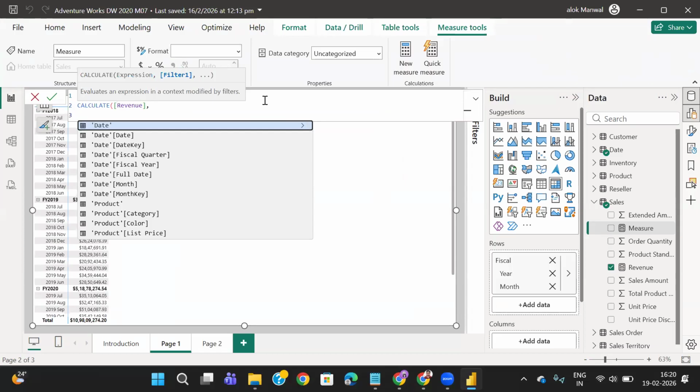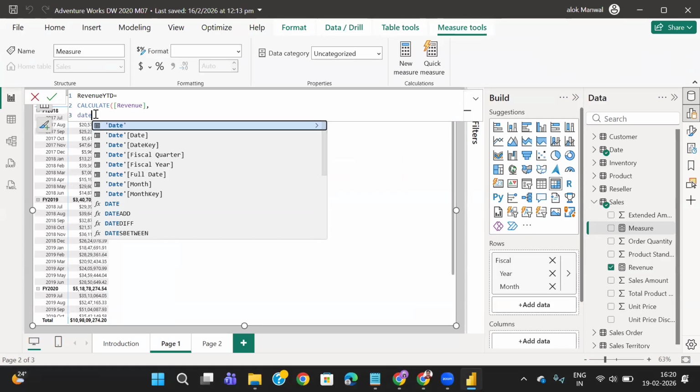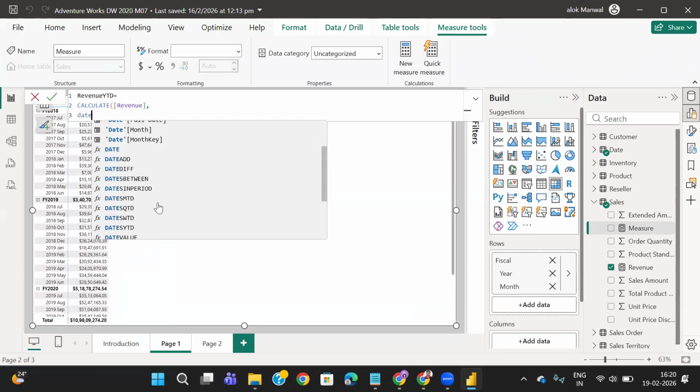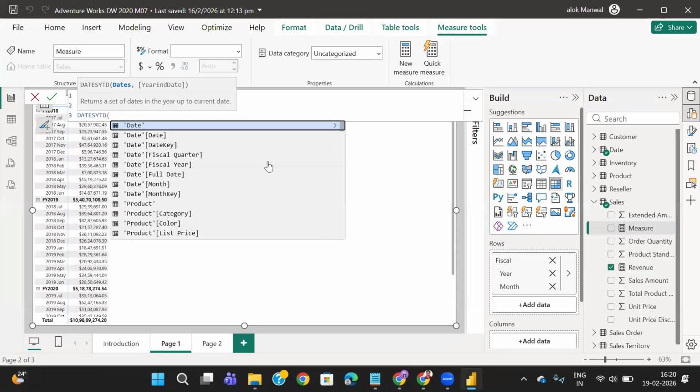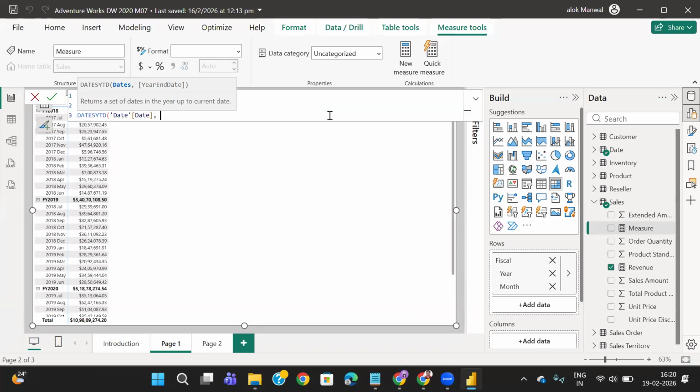Till which date do I want? Dates YTD. Difference here is YTD.